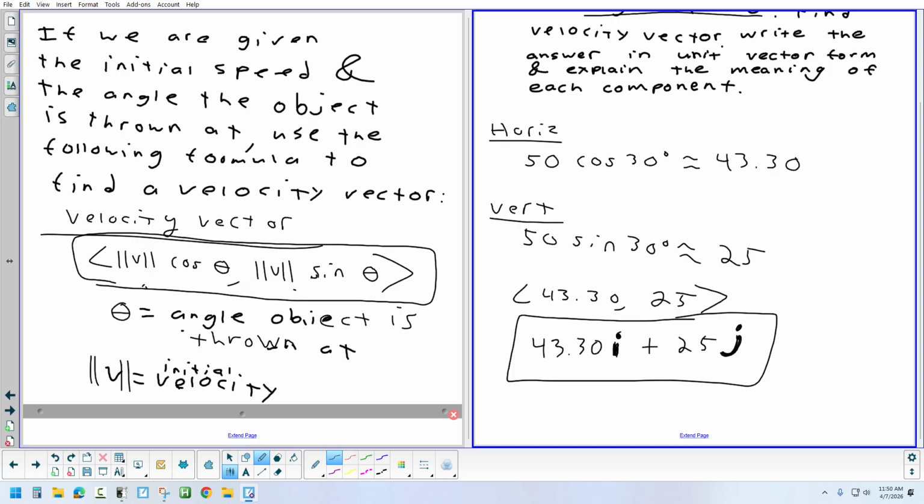Okay, so that is the velocity vector. And the last part says to look at that and just explain the meaning of each component. Well, which component is the 43.3? That's the horizontal component. So what would that mean in this problem? Like if this was actually happening, what could you measure and it would come out to 43.3?